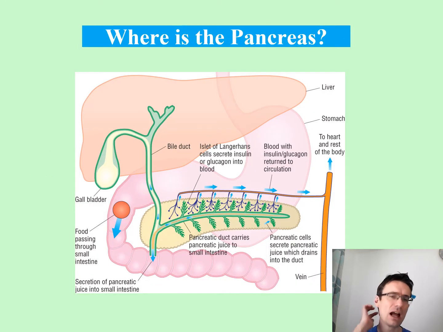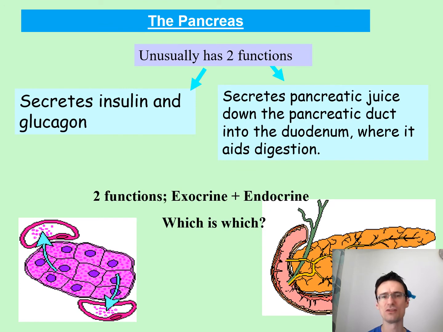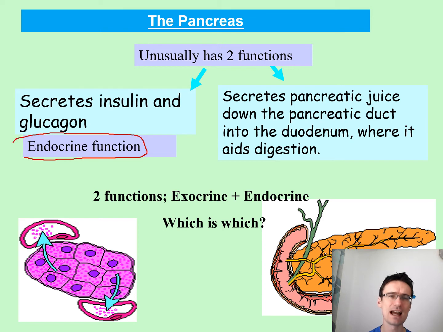The pancreas, you should know, is this organ here that fits just underneath your stomach and liver, above your small intestines. Your pancreas has two functions. One is an endocrine function. Endocrine glands secrete hormones, as you should know, and that's what we'll be looking at in this lesson.